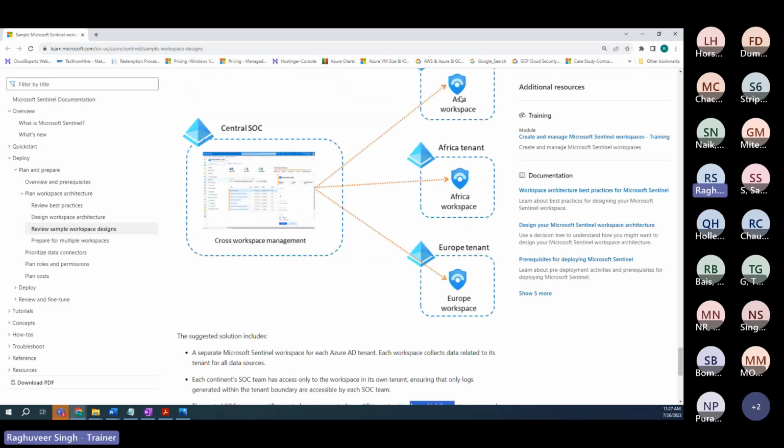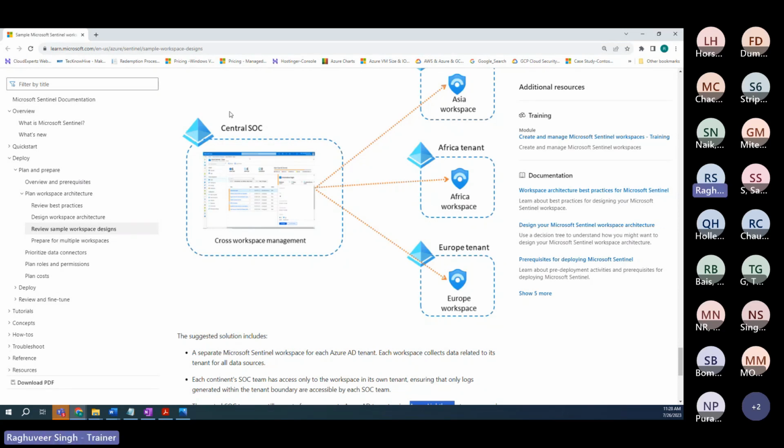Customer names are Asia, Africa, and Europe, and this is DXC. Now, with the use of Lighthouse, DXC is able to manage 3 different customers. And those customers have their own internal teams as well, which have access to their data only. It is the perfect use case for DXC or for your operations requirement.